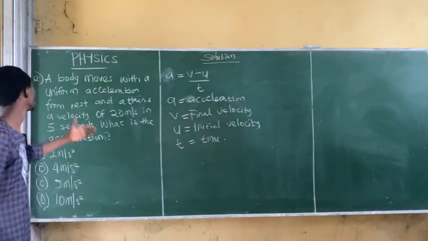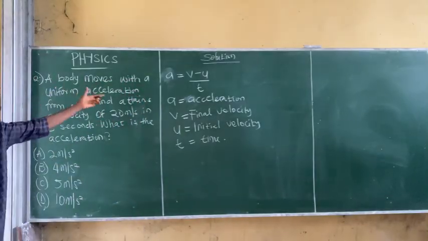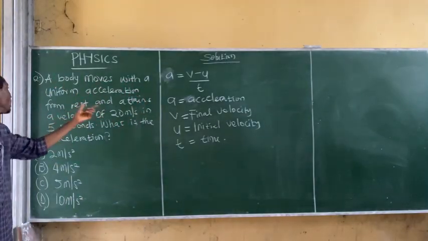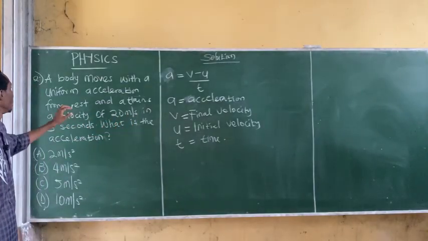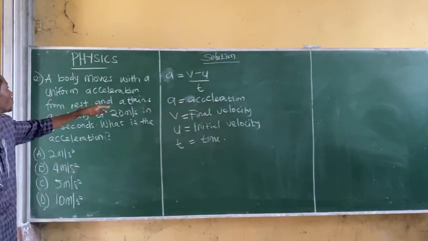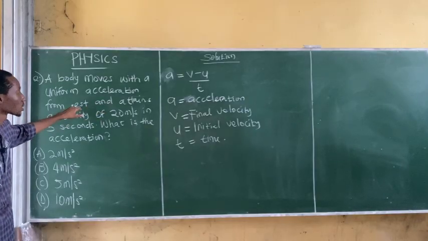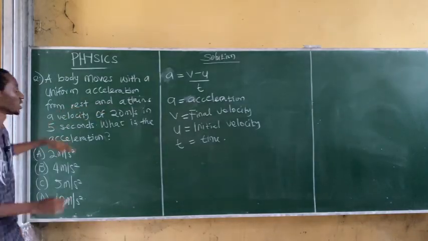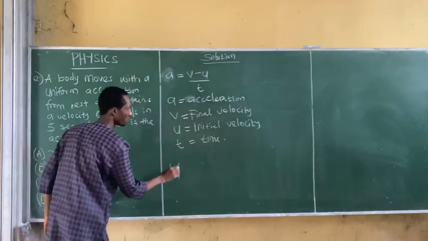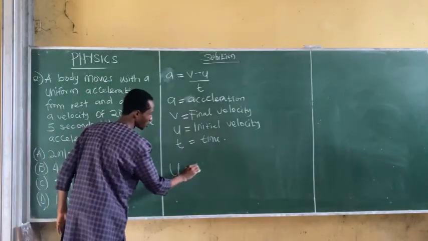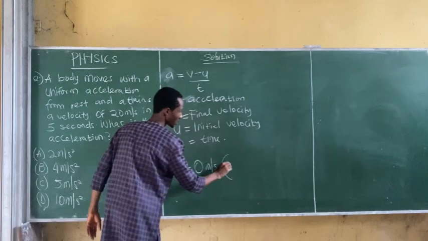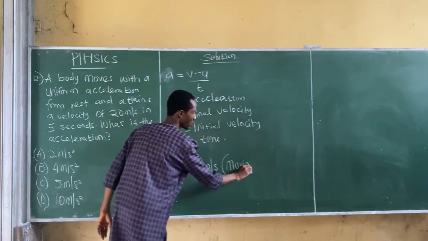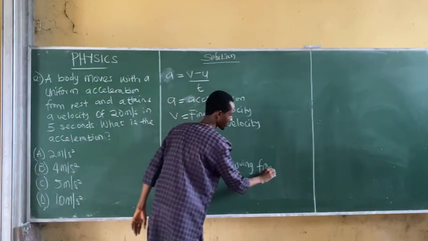So from the question, it says a body moves with a uniform acceleration from rest and attains a velocity of 20 meters per second. This body is moving from rest. Therefore, the initial velocity u here is equal to 0 meters per second, reason being that it's moving from rest.